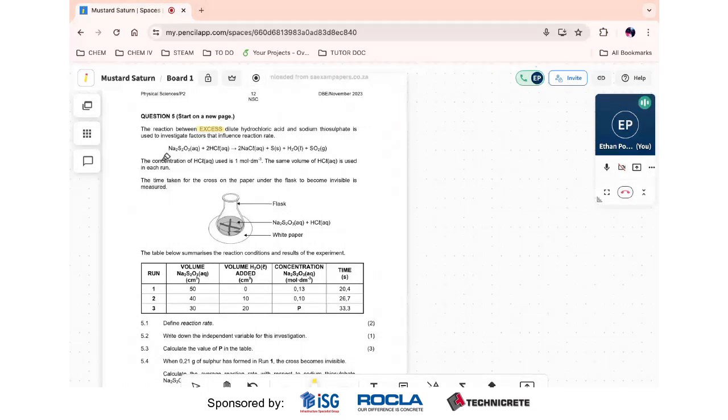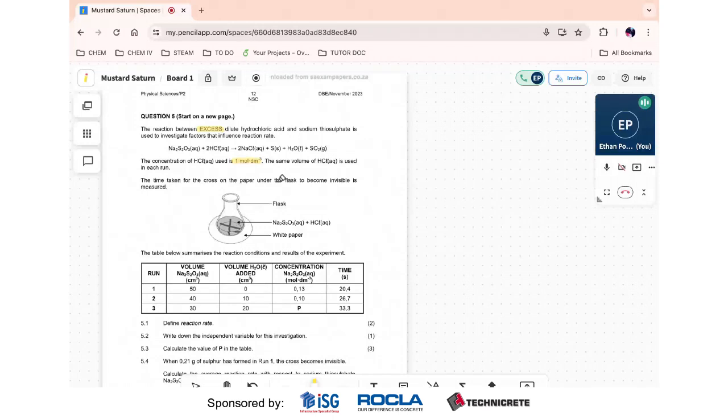Carrying on, the concentration of HCl used is 1 molar. The same volume of HCl is used in each run. The time taken for the cross on the paper under the flask to become invisible is measured. So that's how we measure our reaction rate.